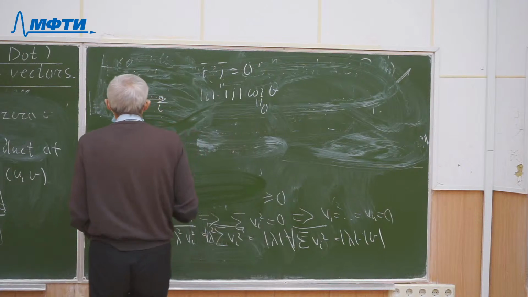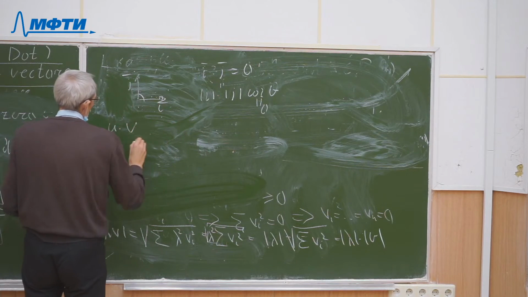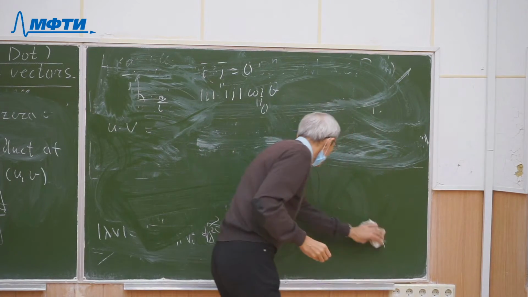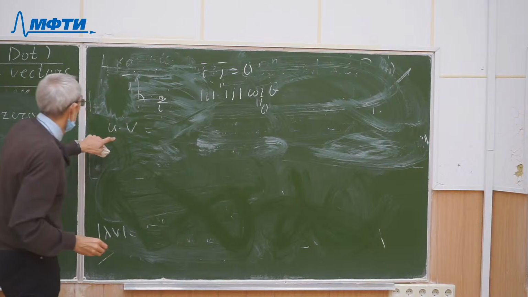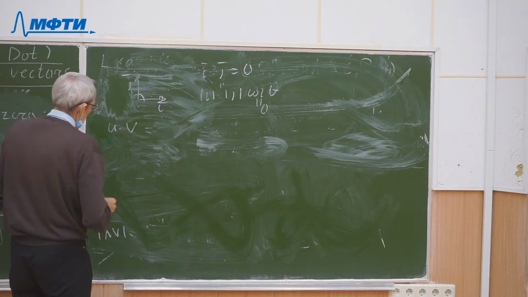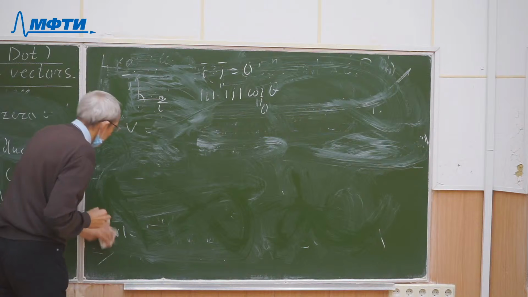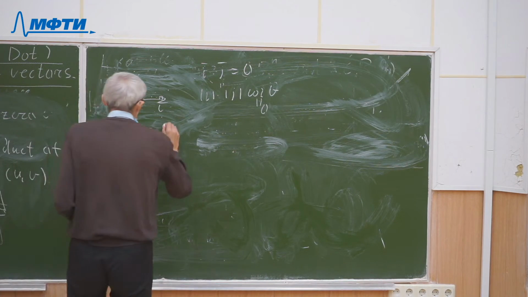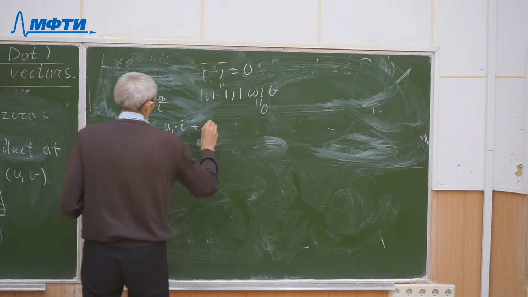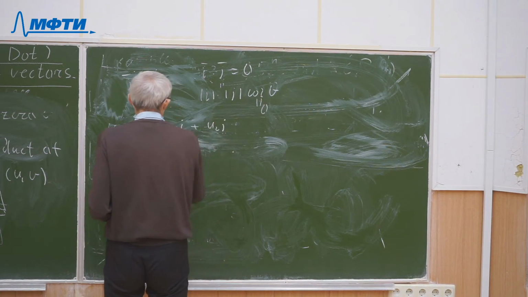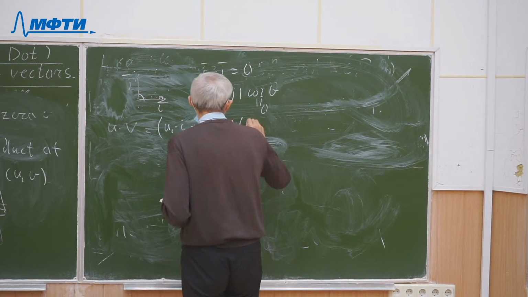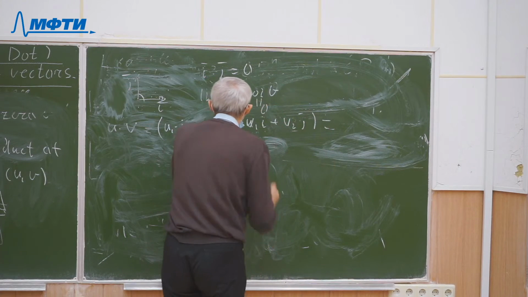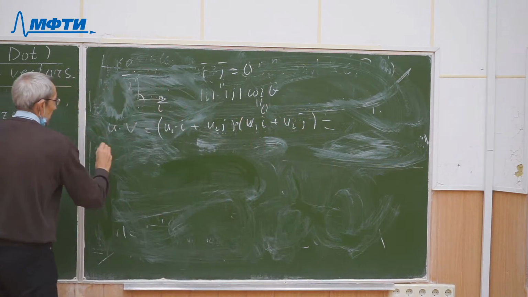After that, it is easy to check the scalar product of vectors in the geometrical vector space with this basis, using these properties.